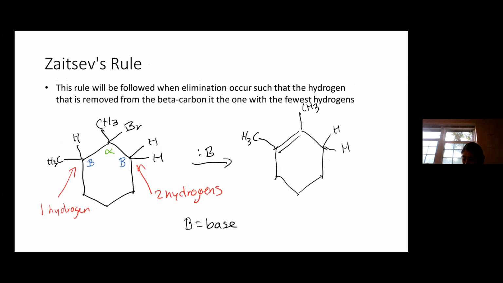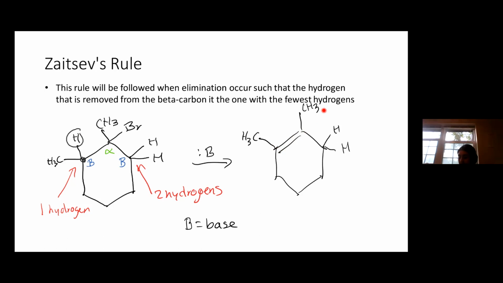So there is a shortcut for thinking of which hydrogen to use. And again, we'll talk about how the mechanism occurs, but whichever hydrogen we remove, let's say we remove this hydrogen, right? Then the carbon right here, where the H was removed, is where the double bond is going to be formed. So in this example, we removed this H, so the double bond was formed between this beta carbon where the H was removed and this alpha carbon where the Br left.